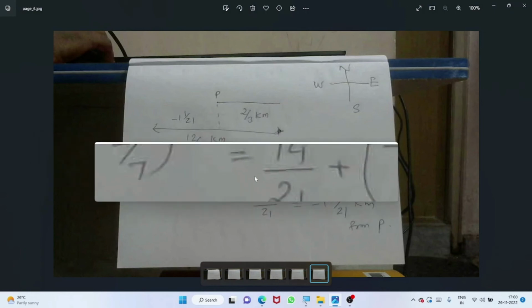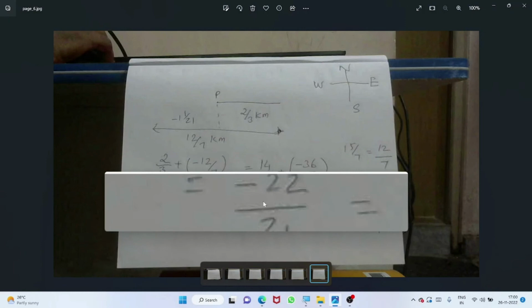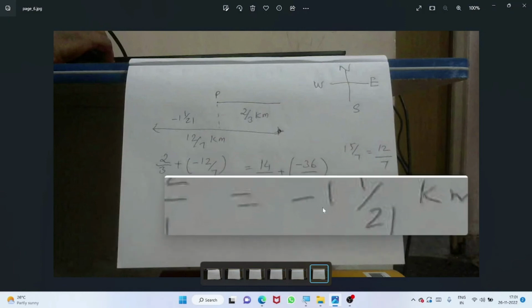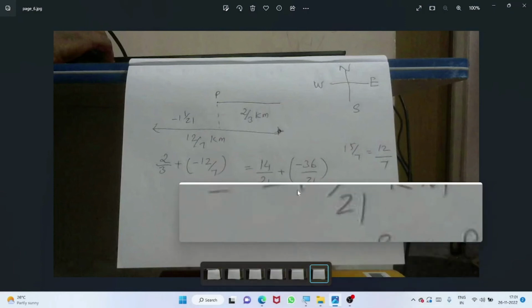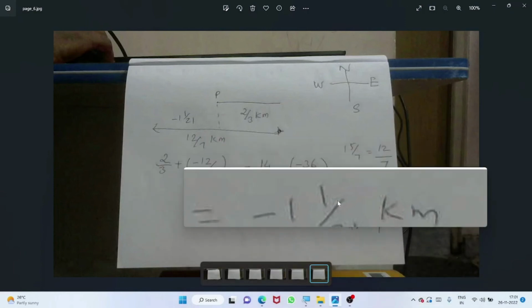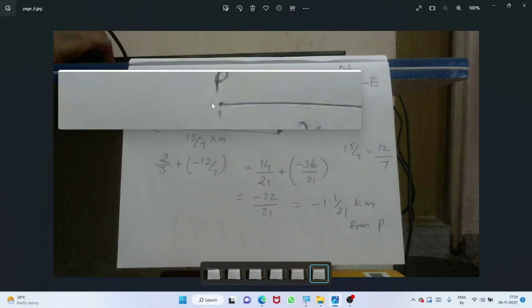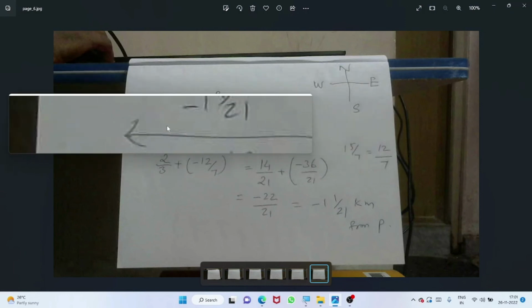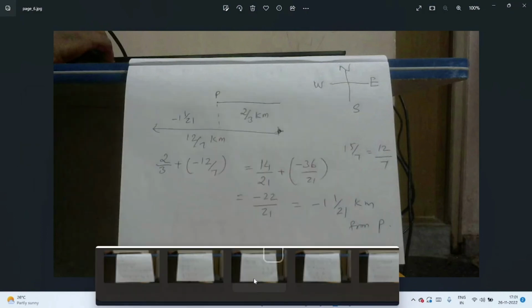This will become 14 by 21 minus 36 by 21, that is minus 22 by 21. After simplification you can write it as a mixed fraction. So he is now minus 1 by 21 kilometer from B. This is point B, so this side is now the left side.